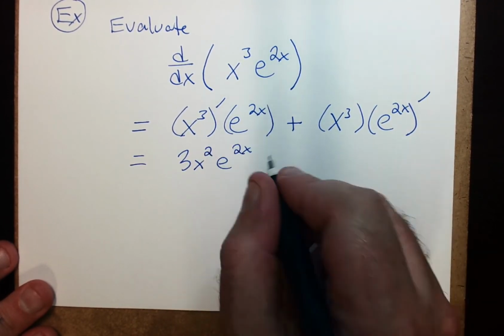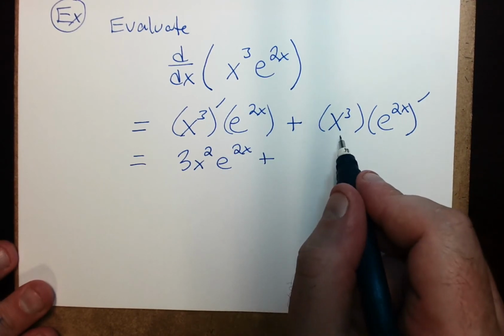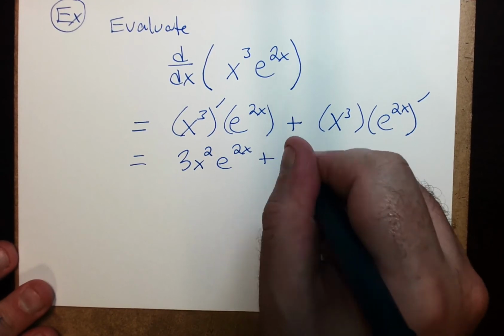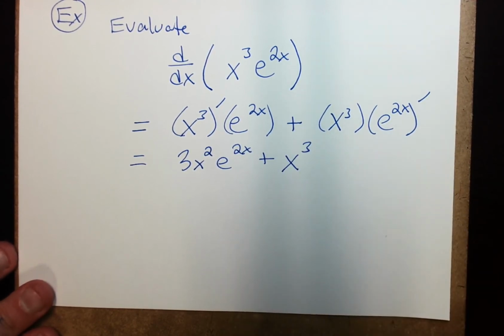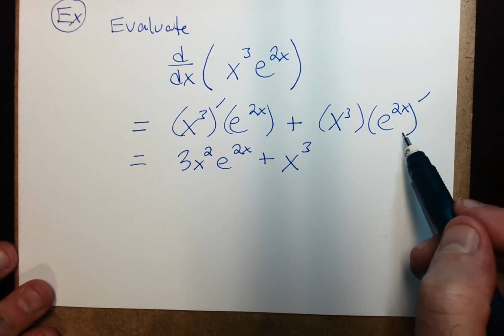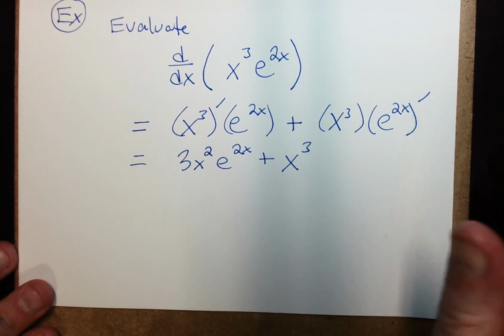So what I'm doing is putting a prime on the two pieces that still need me to take a derivative of. And that's how I tend to write the product rule when I'm writing it for myself. There's your product rule. And then we've got to take this derivative and this derivative, both easy.